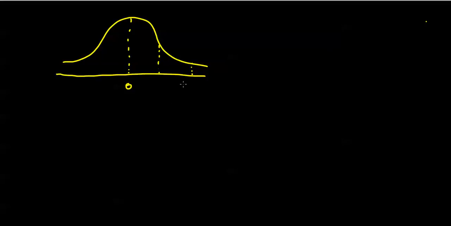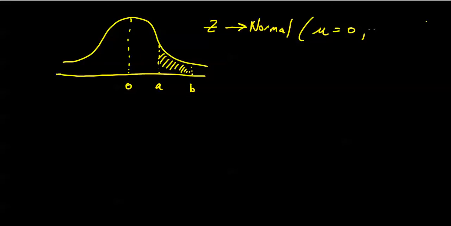Remember, we had studied the standard normal distribution. The standard normal always peaks at 0. If you're interested in the probability of a standard normal random variable being between limits of interest, let's say a and b, we're basically looking for this area under the standard normal curve. Remember, we use the letter z to indicate a normal distribution with a mean of 0 and a standard deviation of 1.